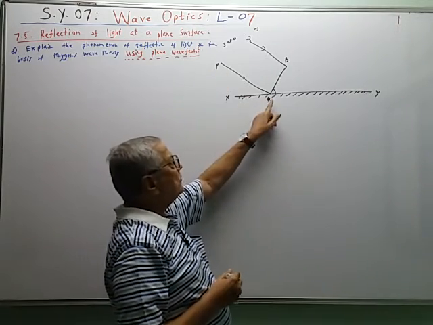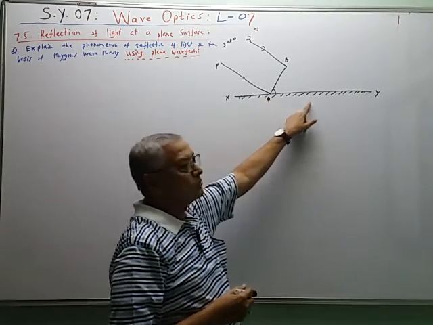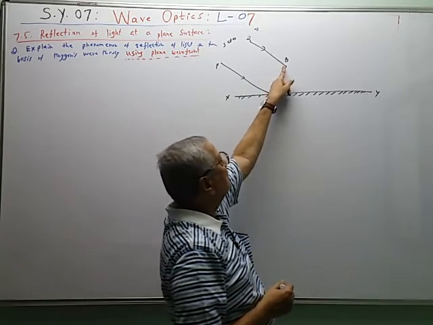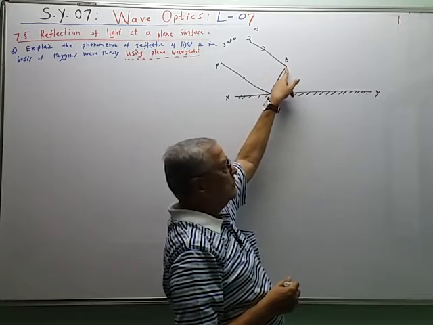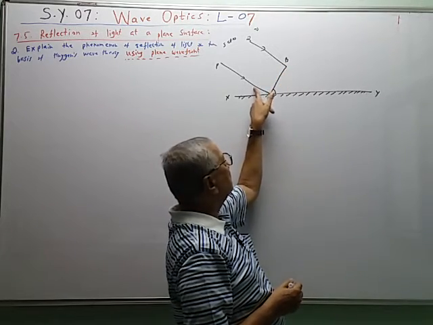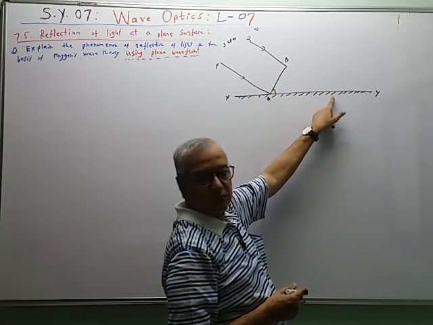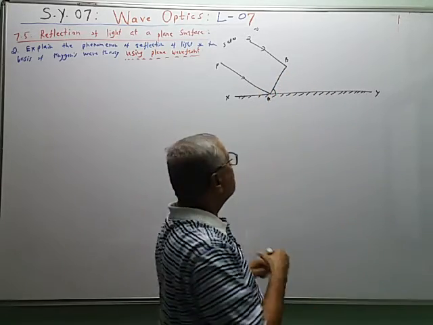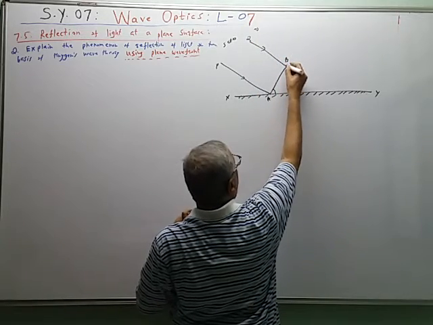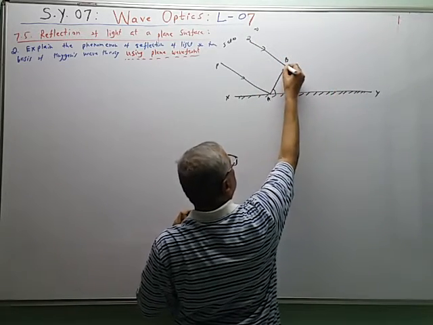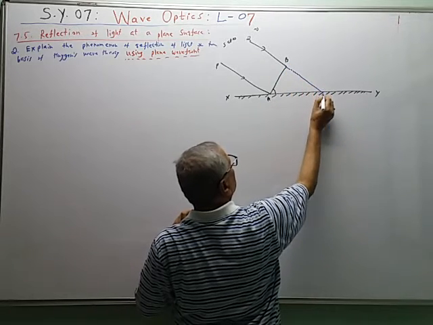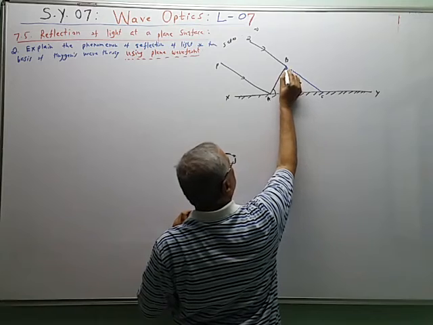Now this primary wave has already touched the surface XY at point A. But the primary wave moving along QB will take some longer time than PA and then it will reach the surface, say at point C. So it will take some time.